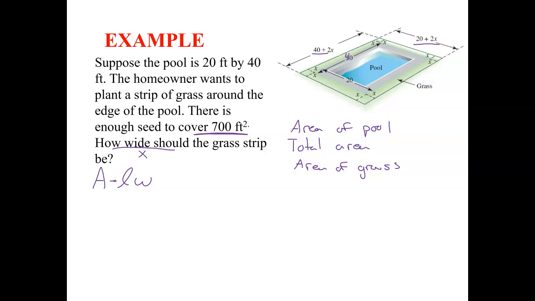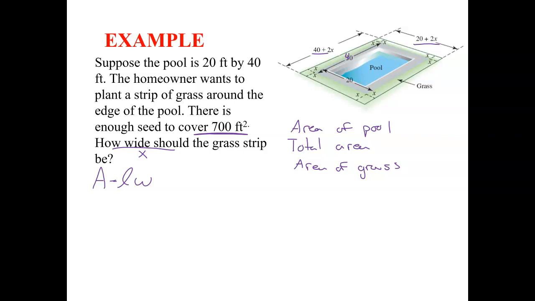So what I want you to think about is, given those pieces of information, if I know the area of the pool, I know the total area, and I know the area of the grass, what would I do to get that total given the area of the pool and the area of the grass, or to find the area of the grass given the pool and the total? Mathematically, what can I do with those three pieces of information to write an equation? Just in really general terms.